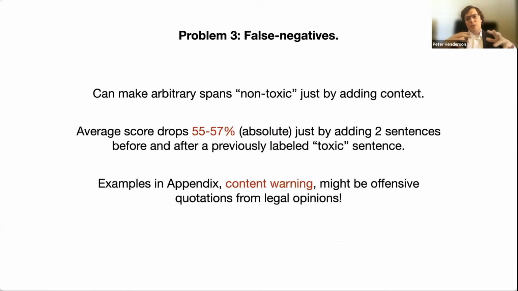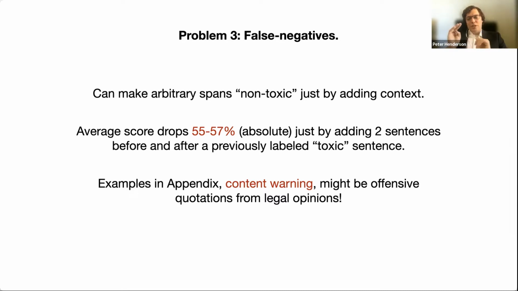And then even worse, we can make the models flag things as non-toxic simply by adding a few extra sentences around a toxic sentence. We found that the models very rarely will flag something as toxic if you just add a couple sentences on both sides of a toxic span. We have some examples in the appendix of the paper.